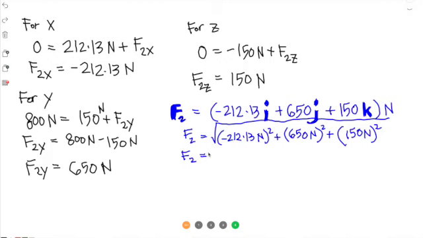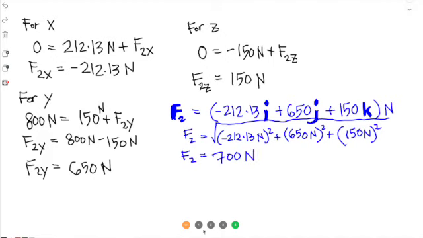Okay, so we have negative 212.13 squared plus 650 squared plus 150 squared, and the square root of that is approximately 700 newtons.